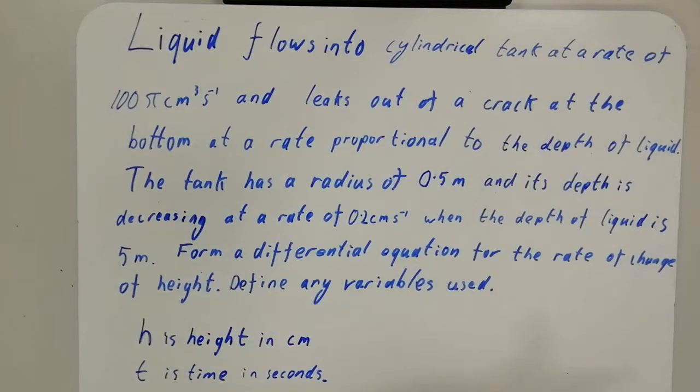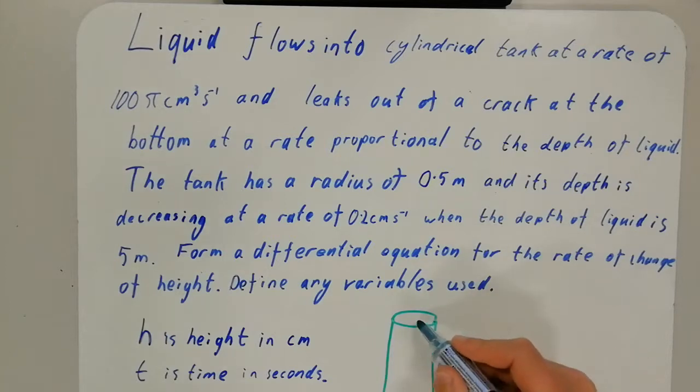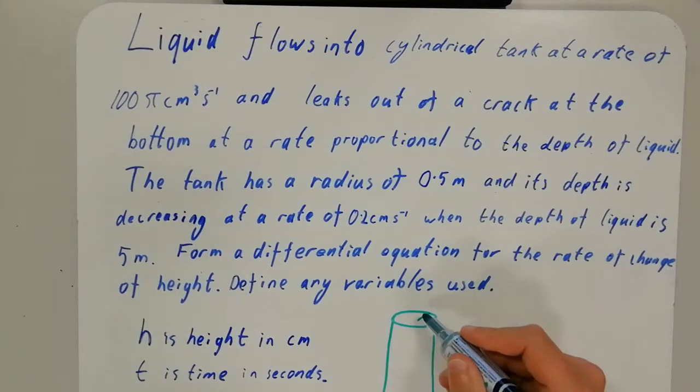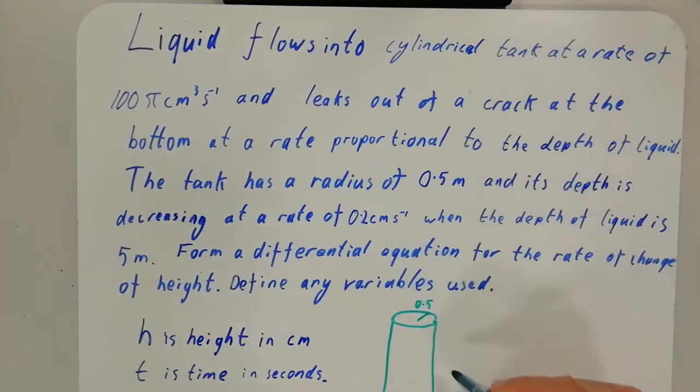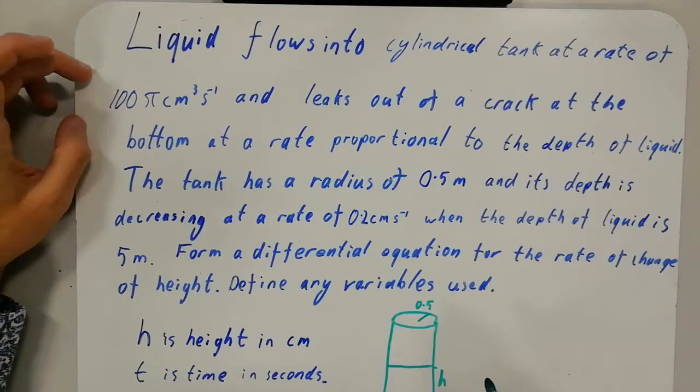Now let's have a think how to actually formulate this problem. It says liquid flows into a cylindrical tank, so it's probably worth just a quick sketch of a cylinder, and radius was 0.5 metres. And we know that we have a height of h. Only trouble is that we know the rate at which volume is coming in.